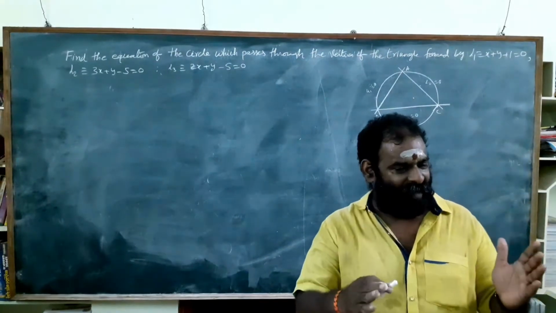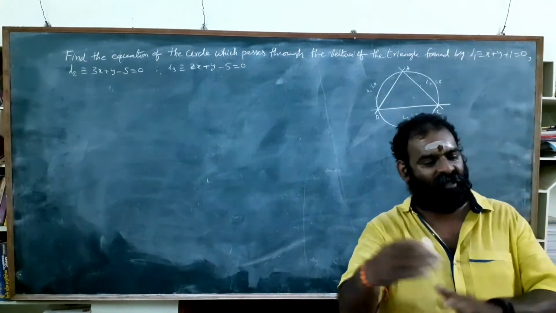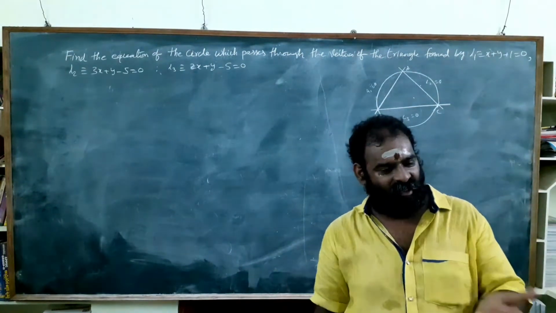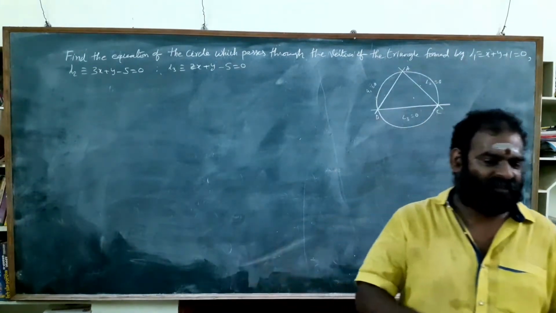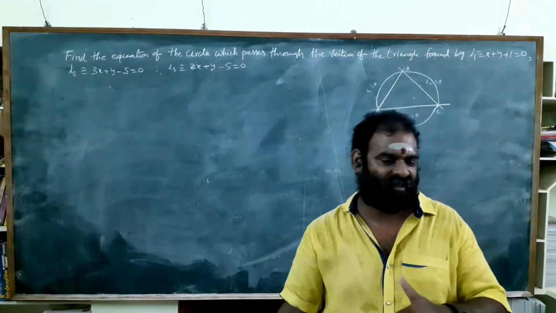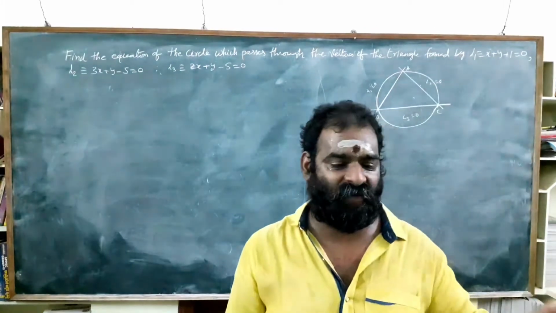Now 4 passes through point A, you substitute it and get an equation in g, f and c. And 4 passes through B, you get one more equation in g, f and c. And 4 passes through C, you get one more equation in g, f and c. So you get 3 equations in 3 variables g, f and c.